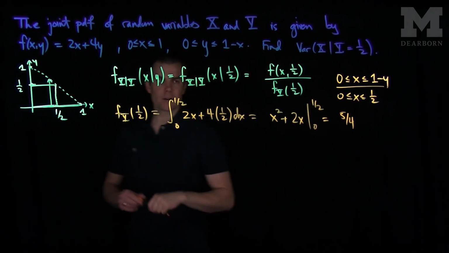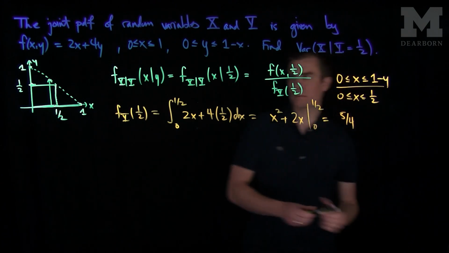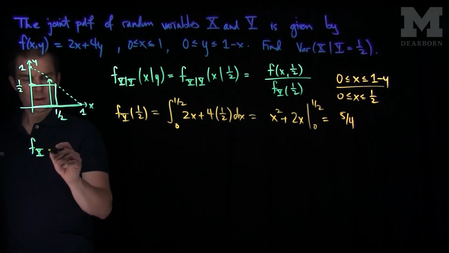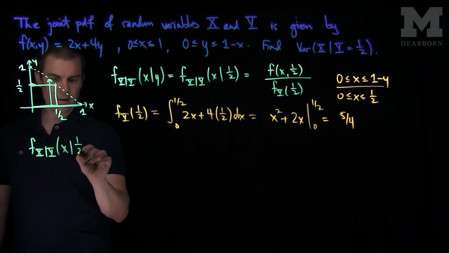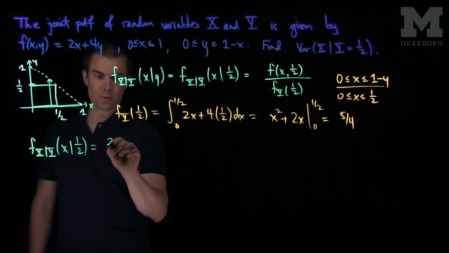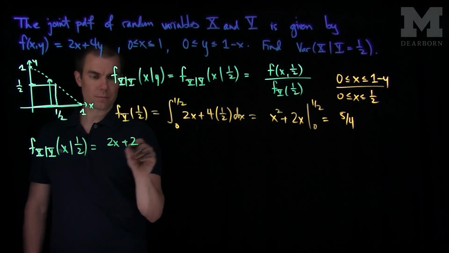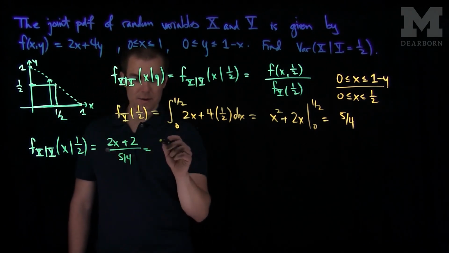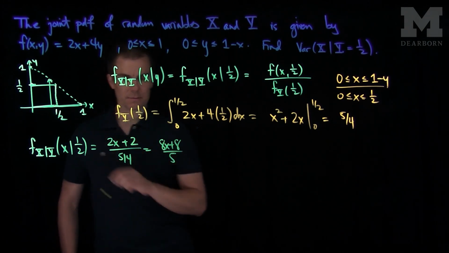And so now we can update our conditional distribution. So we have f of x given y, for y equal 1/2, is going to be 2x plus, if I plug 1/2 in here, I get 2, divided by 5/4, which we can write as 8x plus 8 over 5.